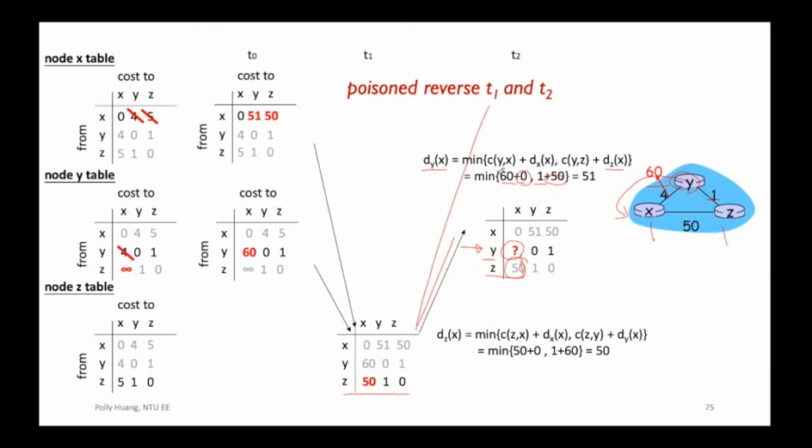So 51 compared to 60, 51 wins. To go from Y to X, the shortest distance is now this path. Let's update the distance vector for Y. At this point in time the network converges to the true shortest path, and it takes only 2 iterations, as opposed to 44 previously.